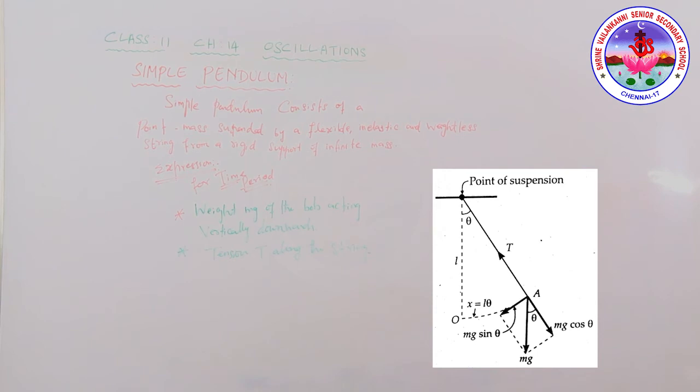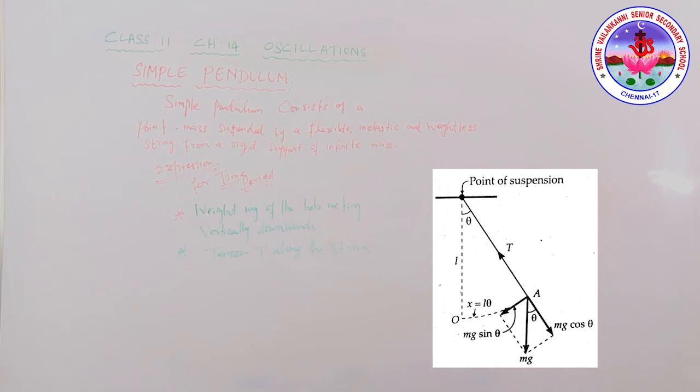Now the expression for the time period. At the equilibrium position, the bob of a simple pendulum lies vertically below the point of suspension. If the bob is slightly displaced to either side, as you see on the diagram, and released, it begins to oscillate about the mean position.